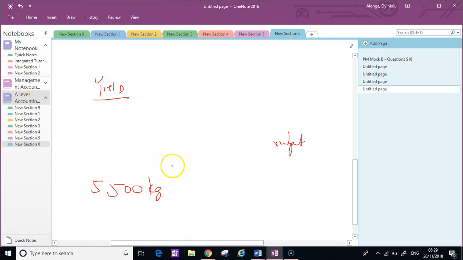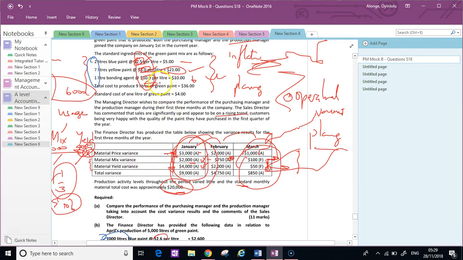So the question we want to ask ourselves is, let's go back to our standard: we expect you to use 10 liters of this to produce 9 liters of green paint, right? Because it's all about output.